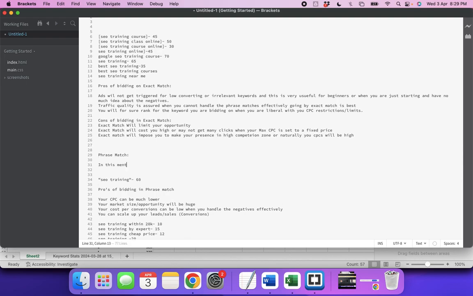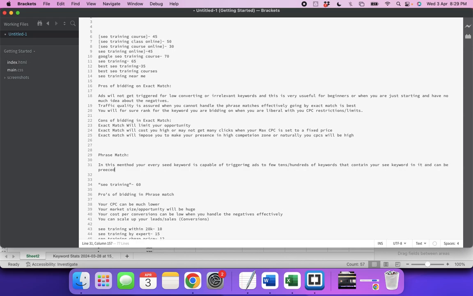In this method, your every seed keyword is capable of triggering ads to a few tens or hundreds of keywords that contain your seed keyword in it and can be preceded or succeeded by any term in it.